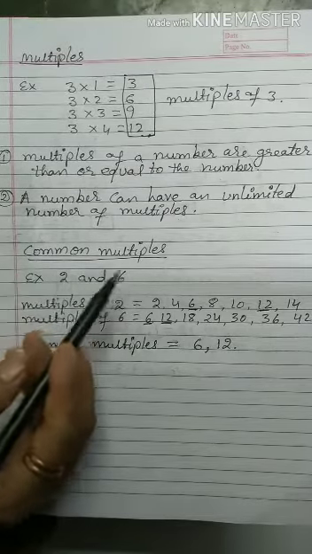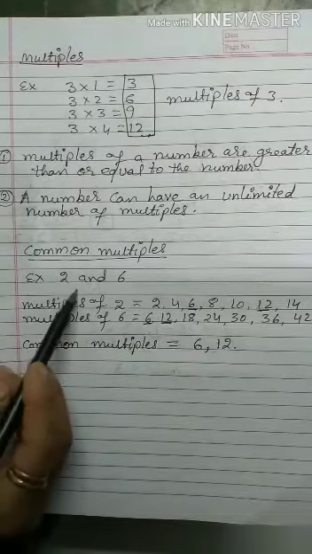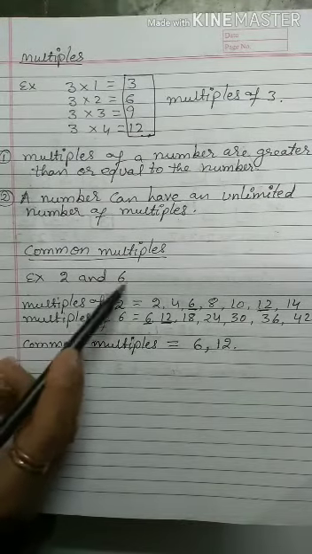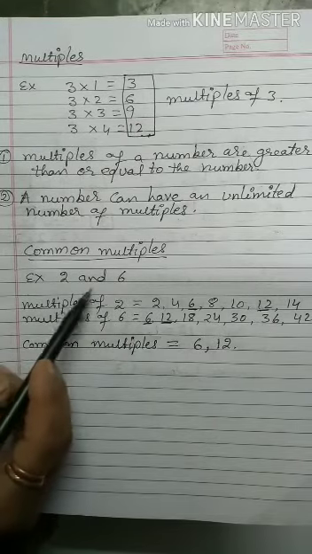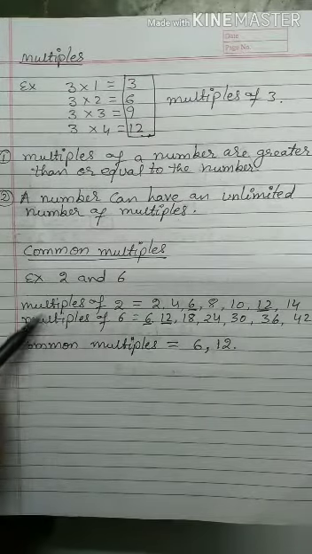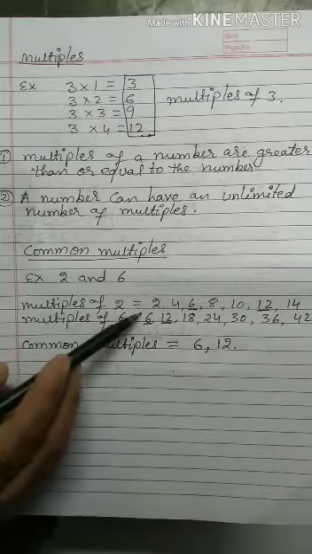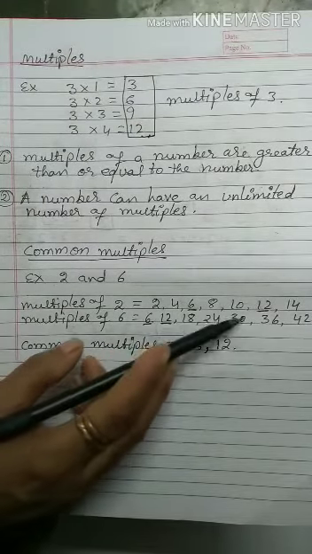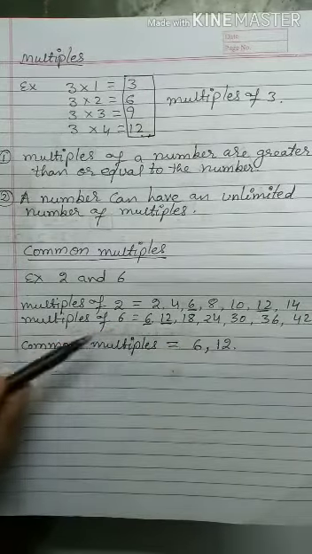Common multiples. Example 2 and 6. We have to find the common multiples of the numbers 2 and 6. First we write the multiples of 2: 2, 4, 6, 8, 10, 12, 14.